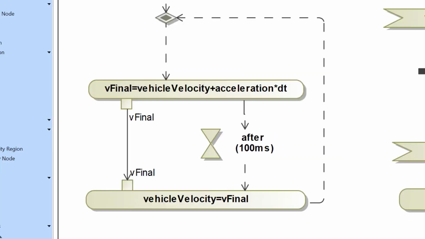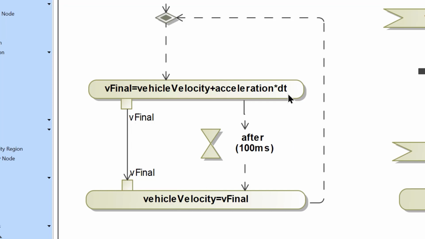Going back to this, when this becomes enabled through the token arriving, the vehicle velocity will add the acceleration multiplied by that 0.1 seconds, and then that will be ready to deliver that value to this next property, which is the updated vehicle velocity. But we only want to do that after 100 milliseconds.